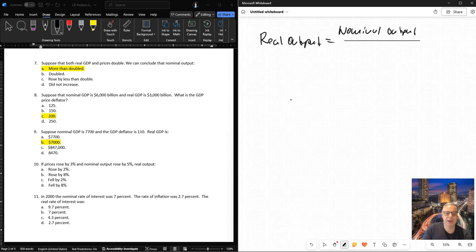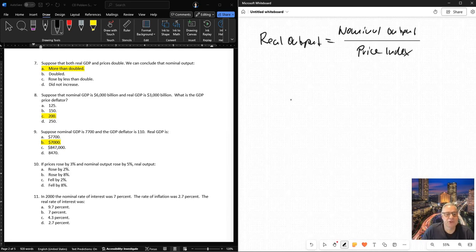And the price index could be the GDP deflator or the consumer price index. And you still remember in the previous example, the nominal output was 7,700, and then we divided essentially by 1.1, and we got the real output of 7,000.